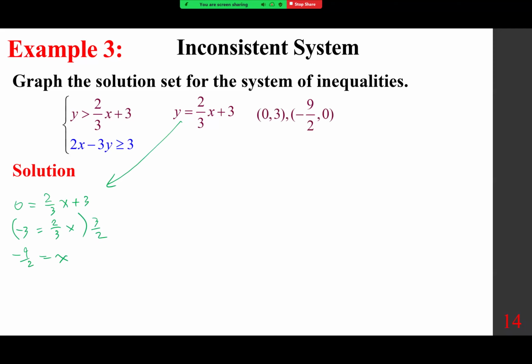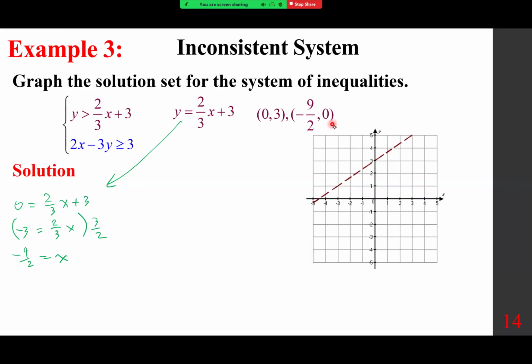And therefore, we have (-9/2, 0) as the x-intercept.